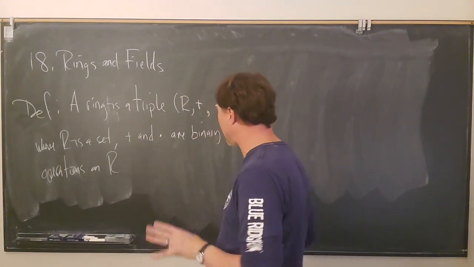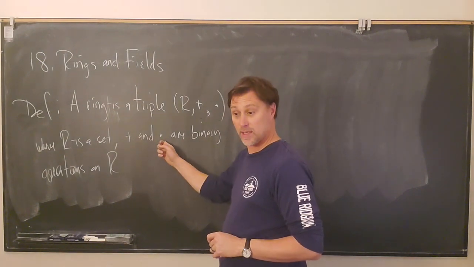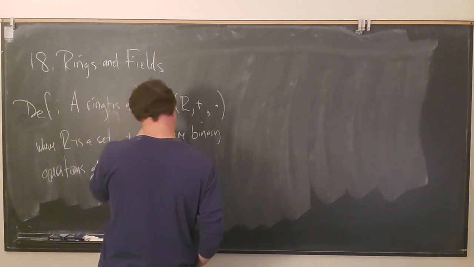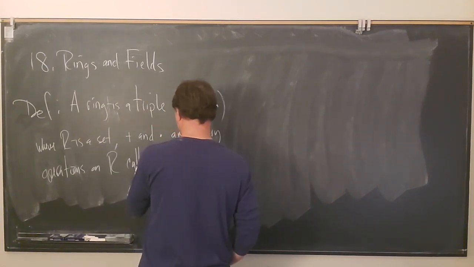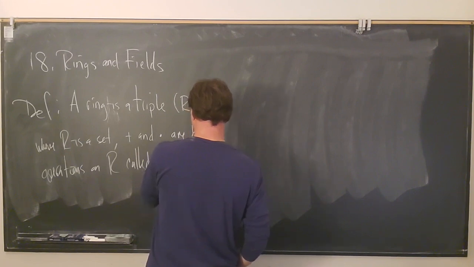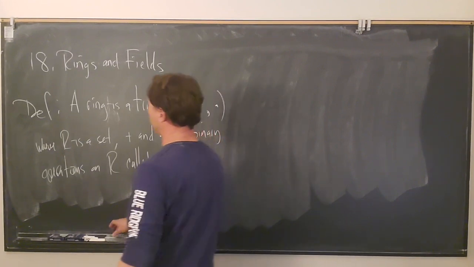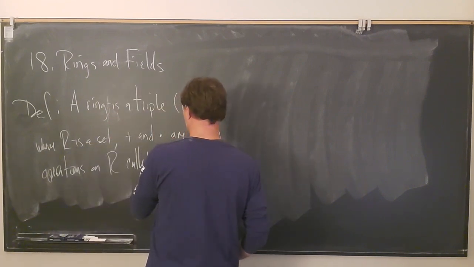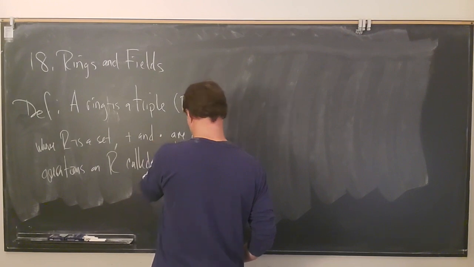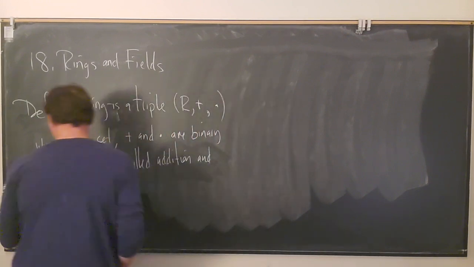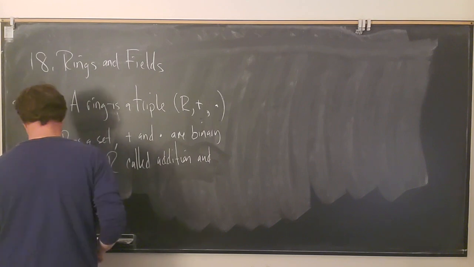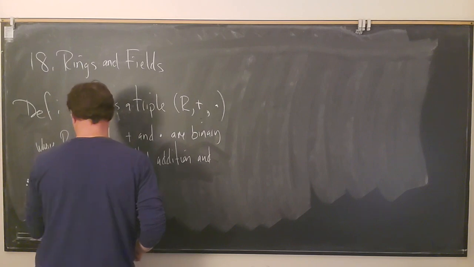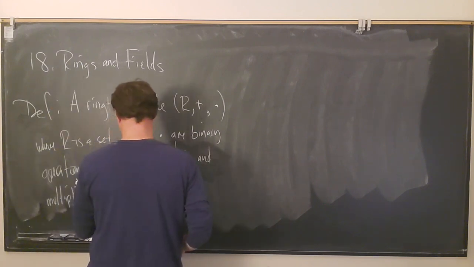which we give names automatically. I'm going to call plus addition, and dot is going to be called multiplication. Oh, I'm saying these backwards. Sorry, they're called addition and multiplication, respectively.